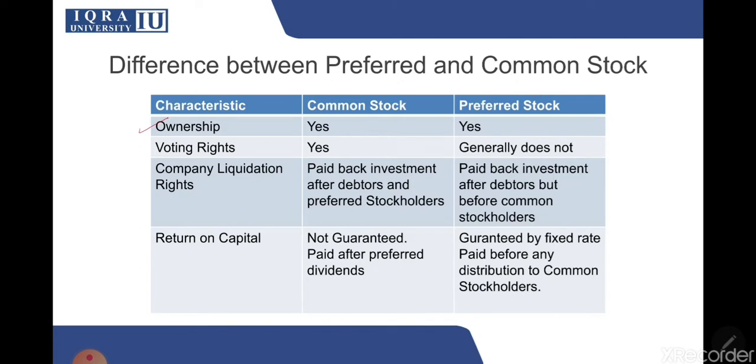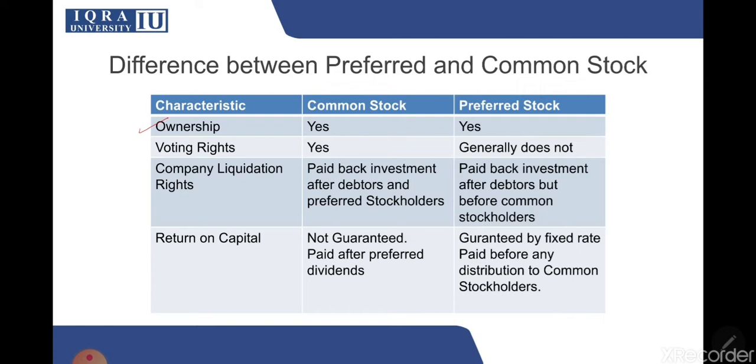Ownership is present in both cases. So basically, these are two types of shares that are available in the market, and preferred shares can actually have a lot of different variants. The general shares are called common shares, and if some priority is given compared to the common stockholders, those become preferred shares.